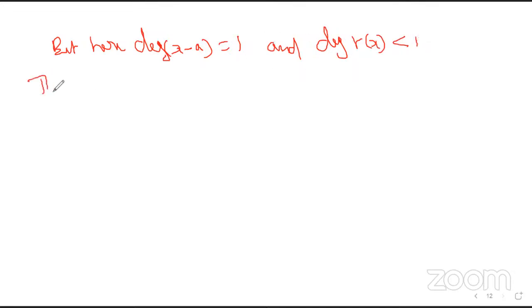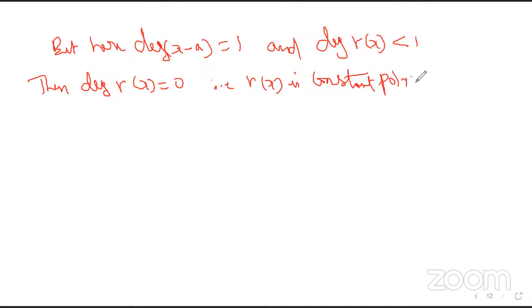Then the degree of r(x) equals 0, that is, r(x) is a constant polynomial in F[x].